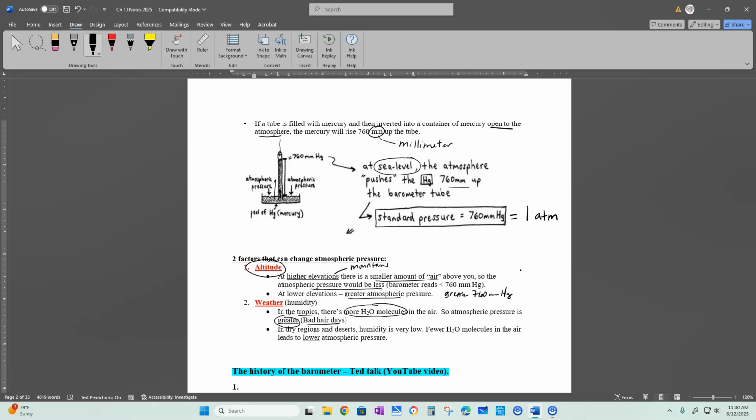That's because more water molecules are in the air, and the pressure of the air is greater. In drier regions like the deserts, Palm Springs, humidity is very low because there's not a lot of water molecules in the air. So the pressure is very low. So depending on altitude versus weather, that can change pressure.